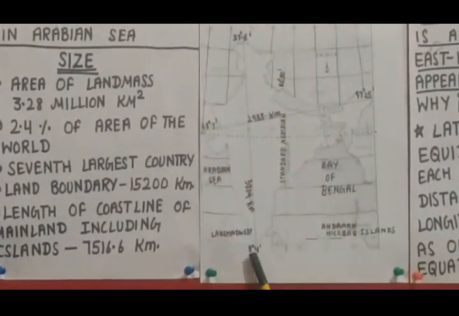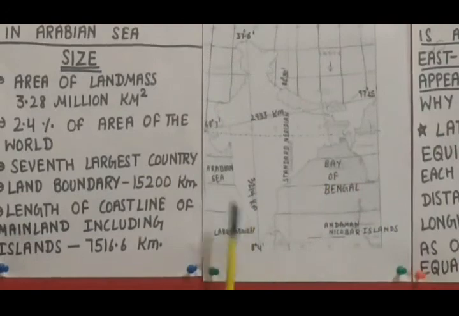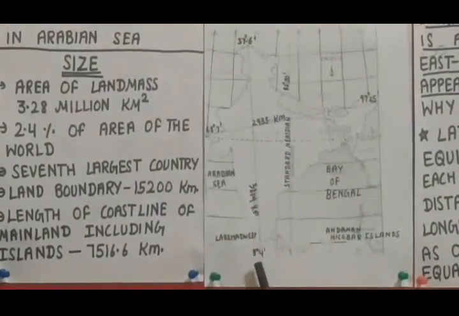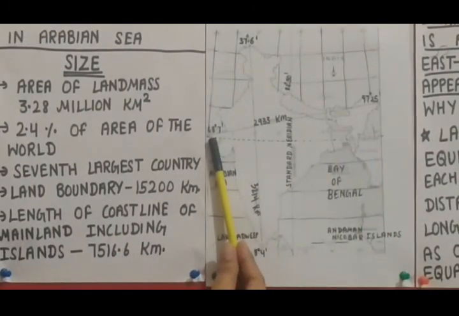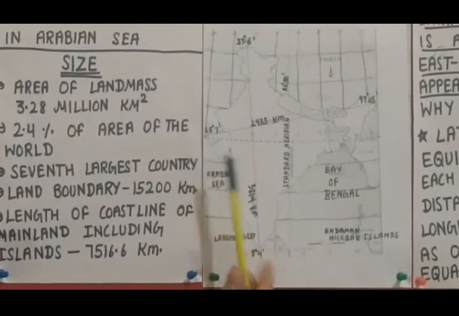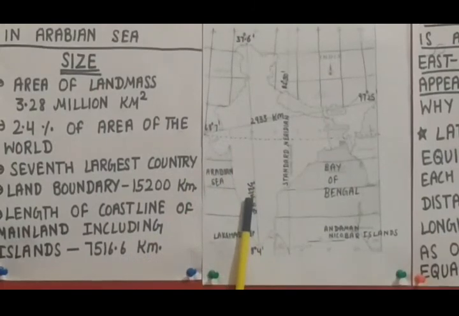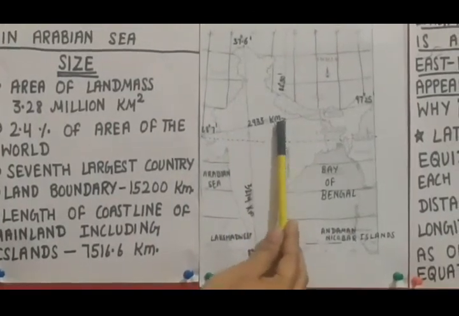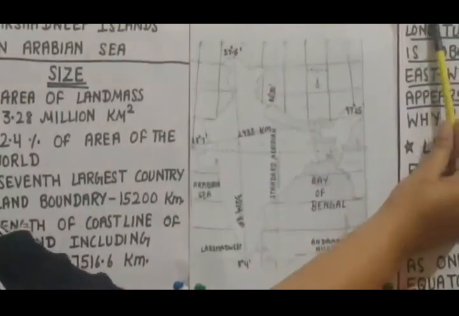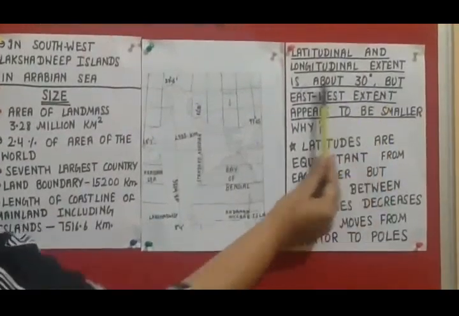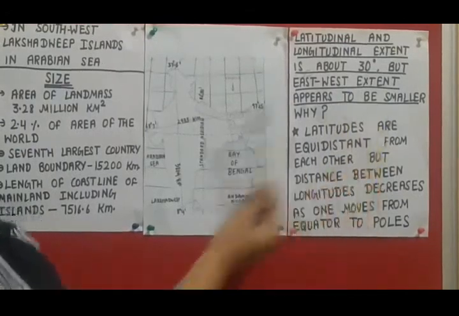Now if you find the difference between the longitudinal extent and latitudinal extent, the difference is approximately 30 degree. This is 37 minus 8, approximately 30 degree, and here 97 minus 68 is also 30 degree. Now the question comes to our mind, why does this distance differ, like 3214 and 2933? Latitudinal and longitudinal extent are both about 30 degree, but the east-west extent appears to be smaller.